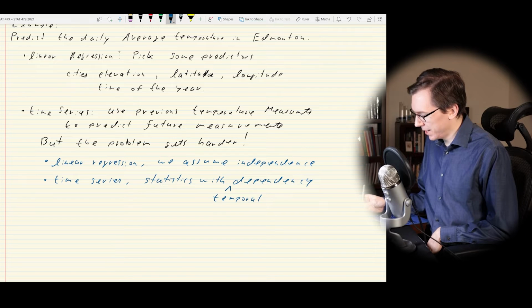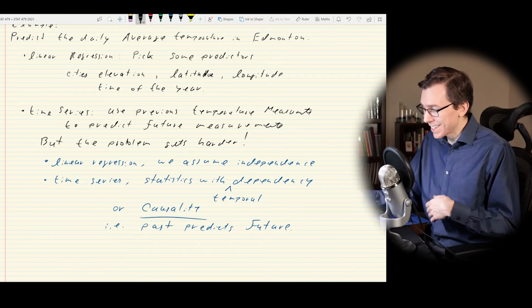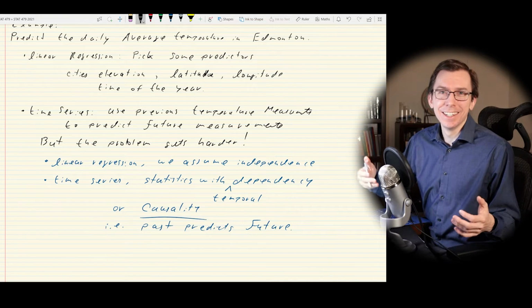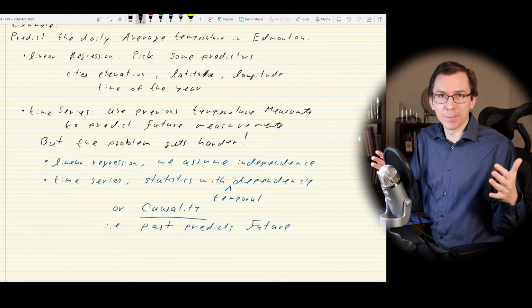Also, I should say temporal dependency or causality, i.e., the past predicts or dictates the future. Or maybe it doesn't, right? We don't actually know. We have to try to analyze the data. We may have data where there is no temporal dependency.